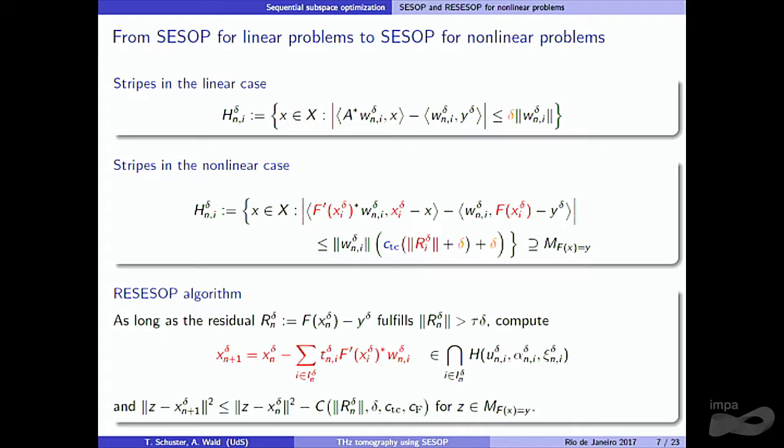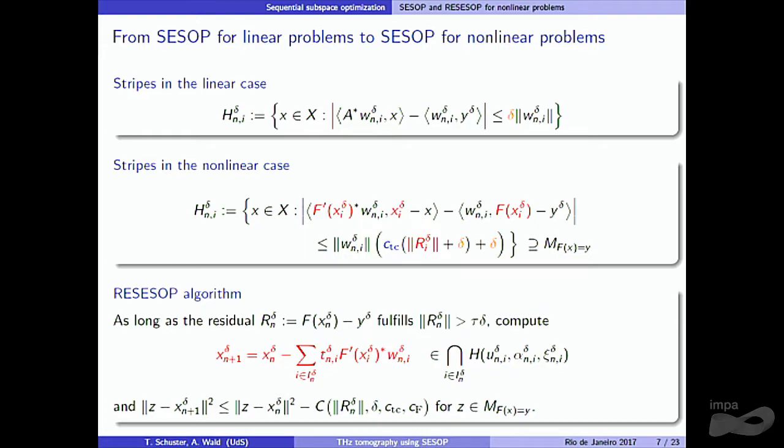This is a one-to-one extension of the linear case, where we have just A star instead of the adjoint of the Fréchet derivative.